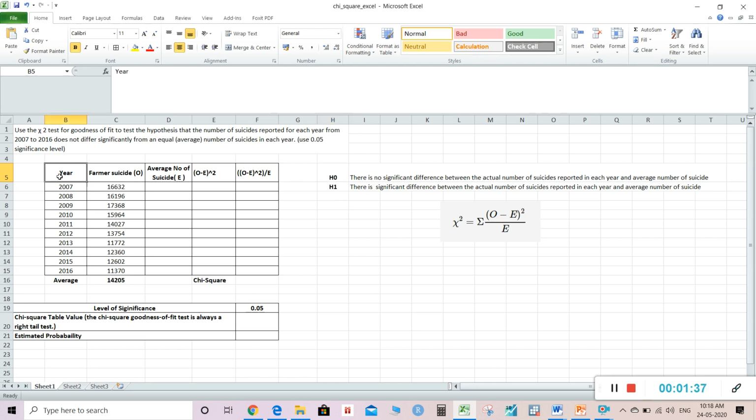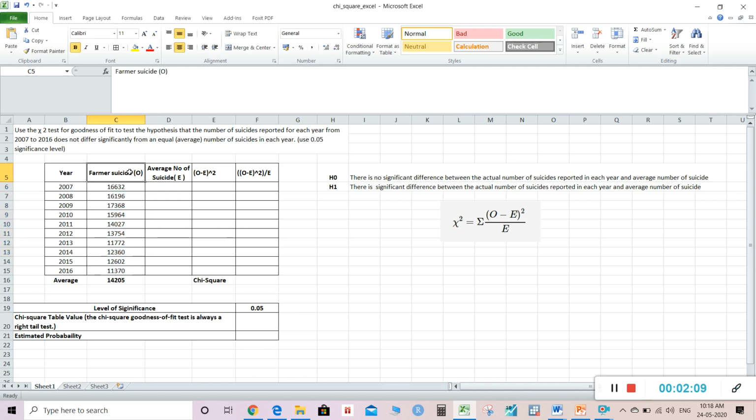So this is the number of suicides reported in each of these years starting from 2007 to 2016, and I have calculated the average number of suicides here, and that is, this each year farmers suicide is nothing but your observed value.